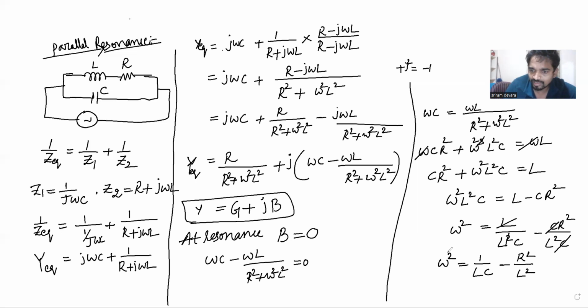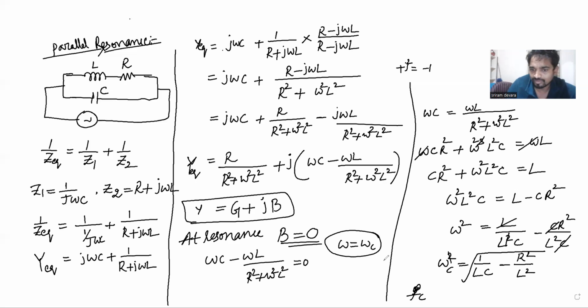So what is omega? Omega becomes the square root. Omega is 2 pi f, and at this condition omega will become omega c.